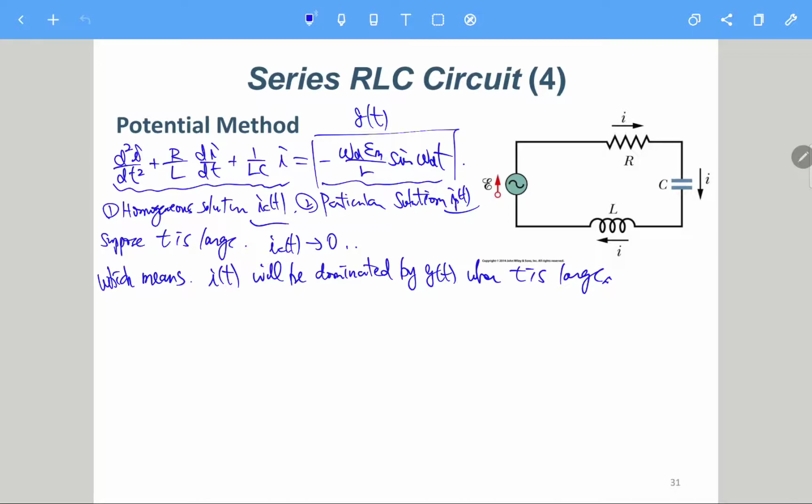In this case, if we really try to solve this ODE with this g of t, which is sinusoidal, we will assume our particular solution, or actually the steady state, to be like a cosine omega t plus b sine omega t. Because this is a sinusoidal function, we need to assume cosine and sine with the same frequency.